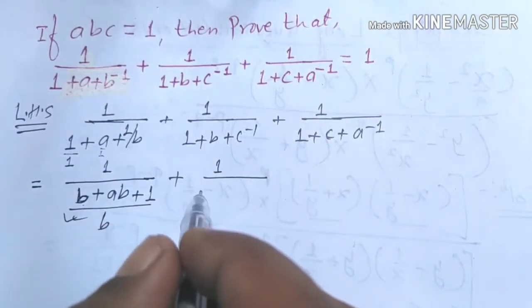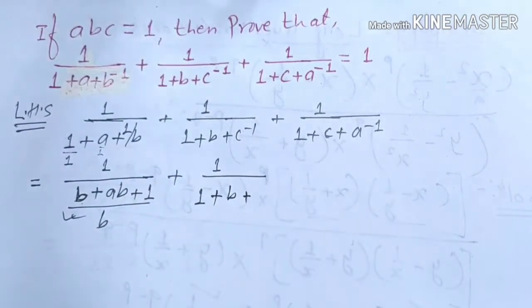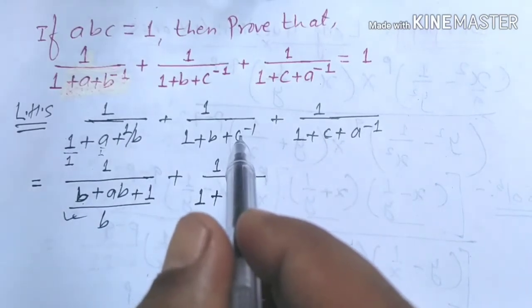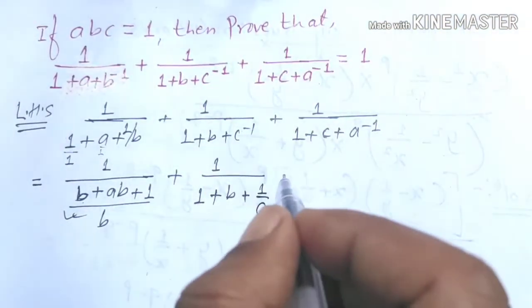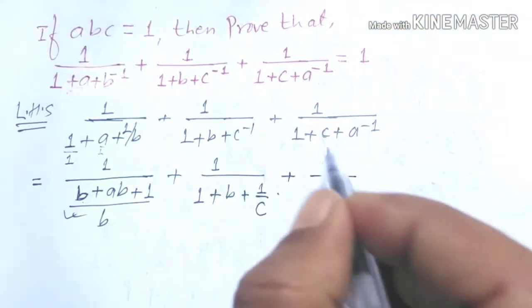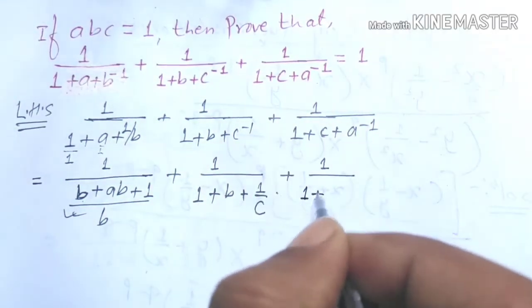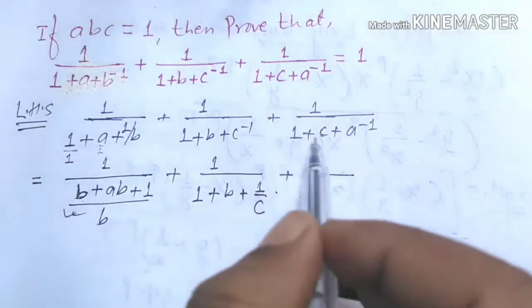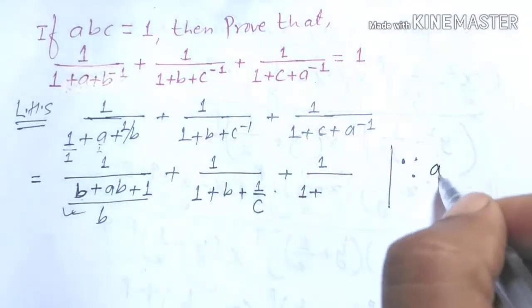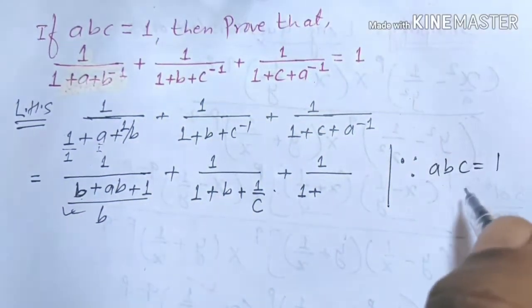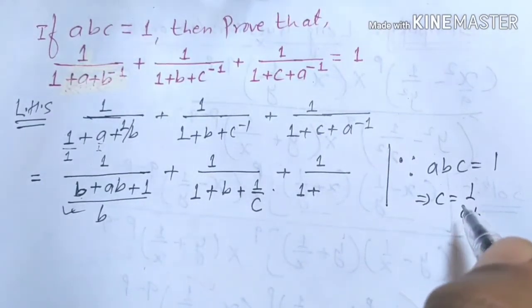Now this one is 1 and B is B, but in place of C, this C inverse means 1 by C. This term can be written as 1 plus, in place of C, you can write, because you can see that ABC is equal to 1, this implies C is equal to 1 by AB. C is equal to 1 by AB.